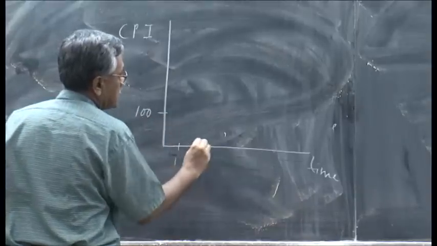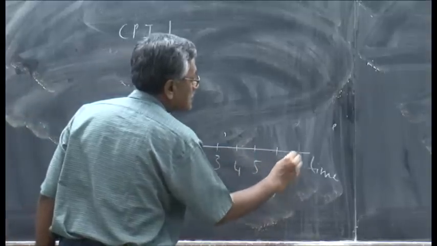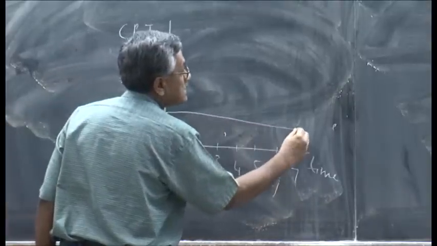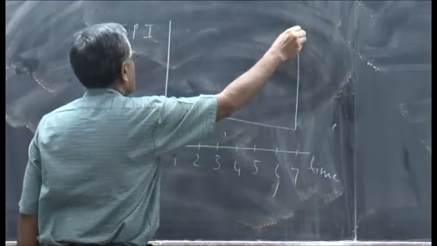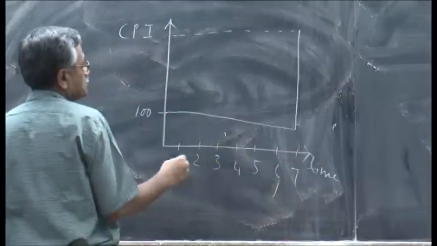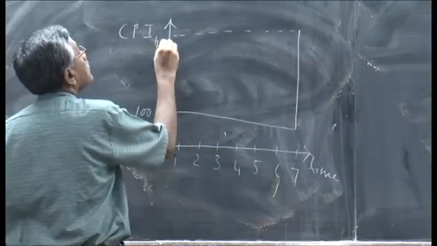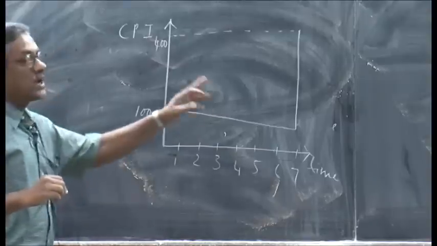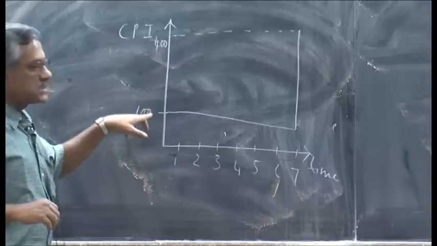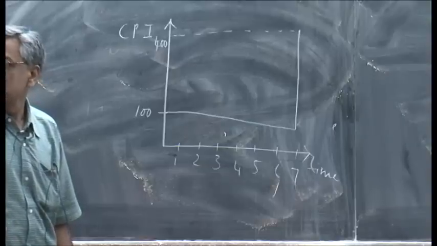Then for periods 2, 3, 4, 5, 6, it remained the same, and then in the 7th period it went up to a number which may be something like 400. So you say there is a 400% inflation rate? Or how much will it be? 400 minus 100, 300, over 100: 300% inflation rate. You say, all right? But that's not true.